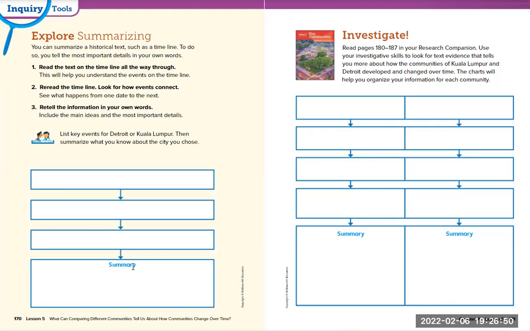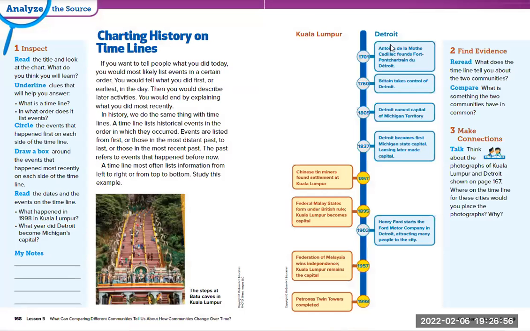If you were going to choose Detroit, then you would just be looking back and doing the exact same thing, figuring out which detail you think is important. So if you wanted to talk about how Detroit was created in 1701, then Britain took control of Detroit.